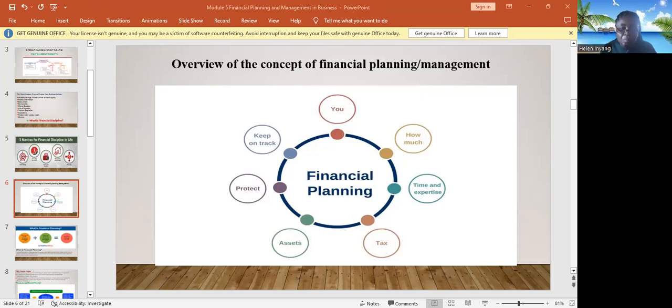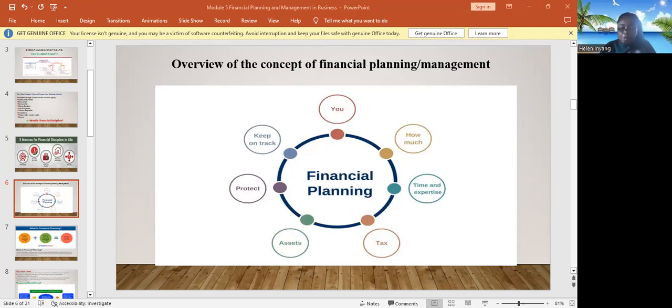The last but not the least is concept 7. Keep on track. Managing your finance, assets, and financial planning is a continual process that takes into account changes in your life and the world around you.